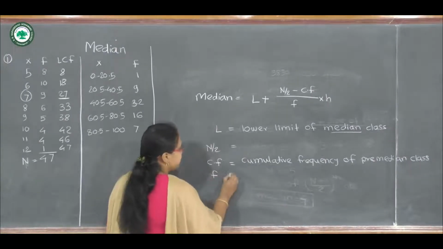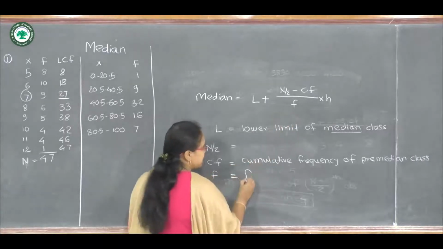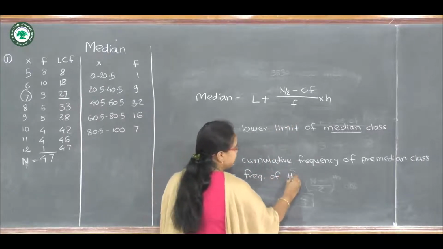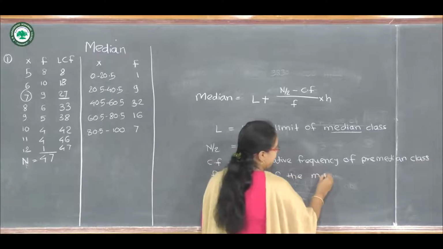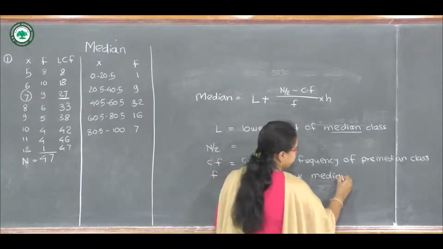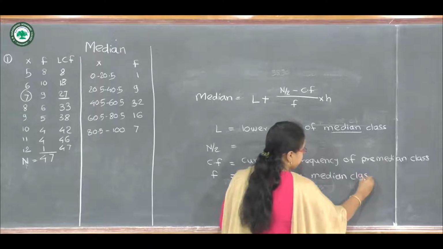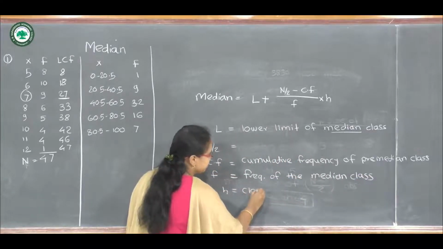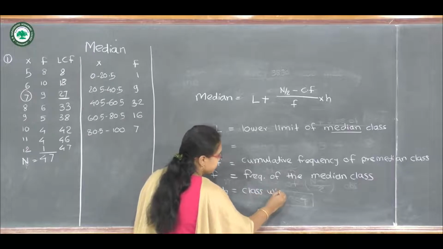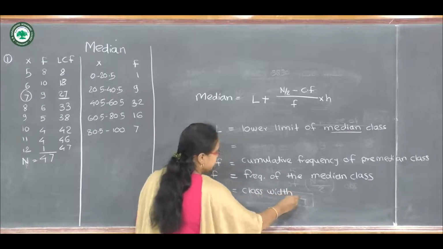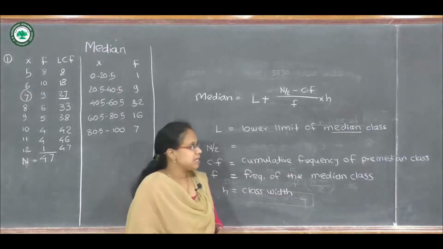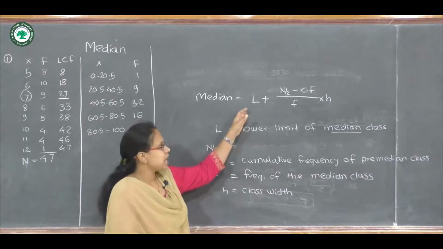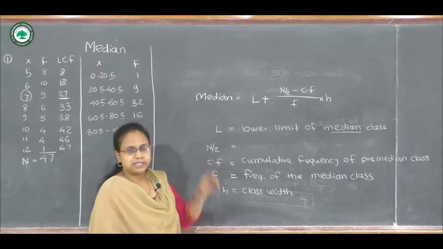Then F should be taken as the frequency of the median class. And H is the class width. By substituting all these values in the formula, we can calculate the median.